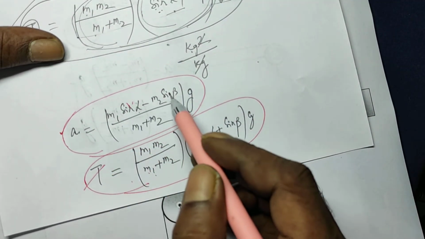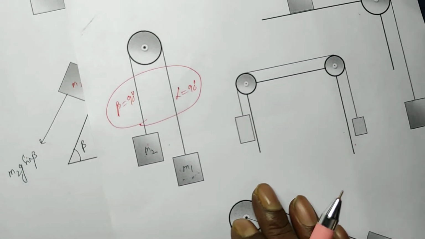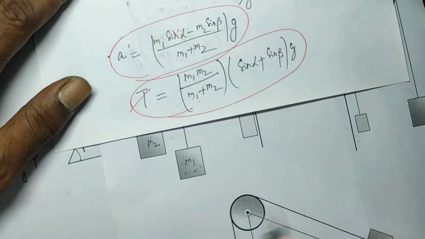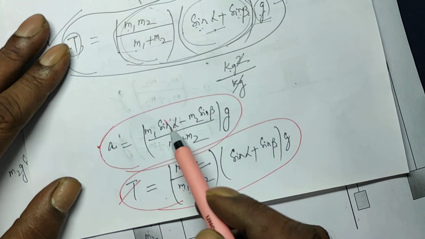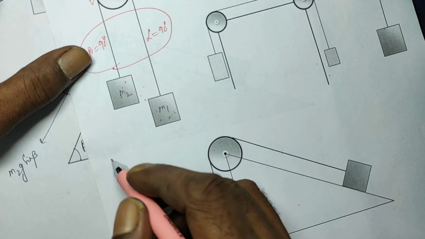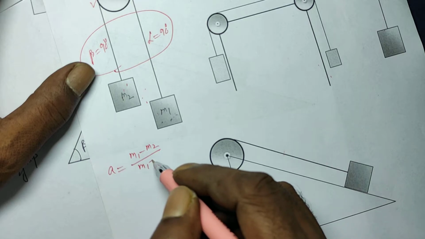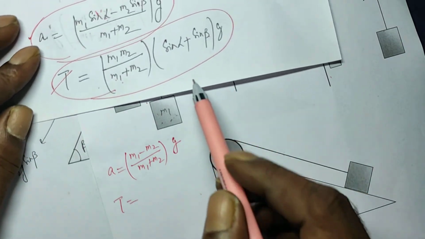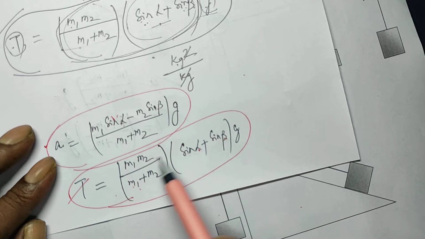I can use alpha as 90 and beta as 90 to arrive at the expression for acceleration and tension for this system. So for this system, if I put alpha 90, beta 90, sine 90 is 1, sine 90 is 1. So here your acceleration becomes (m1 minus m2) over (m1 plus m2) times g, and your tension becomes, putting sine 90 as 1, 1 plus 1 is 2, so I write 2 here.